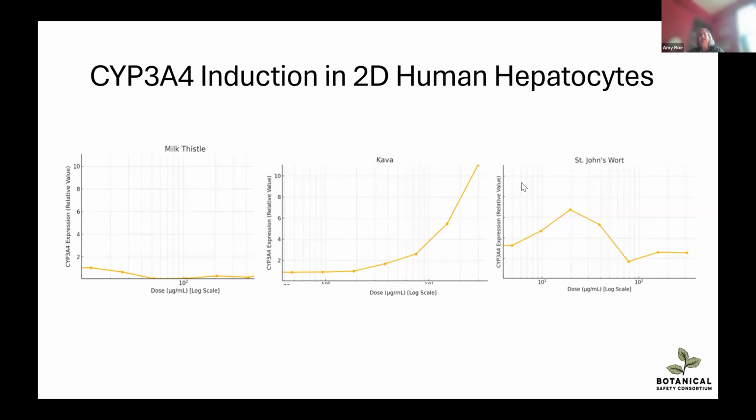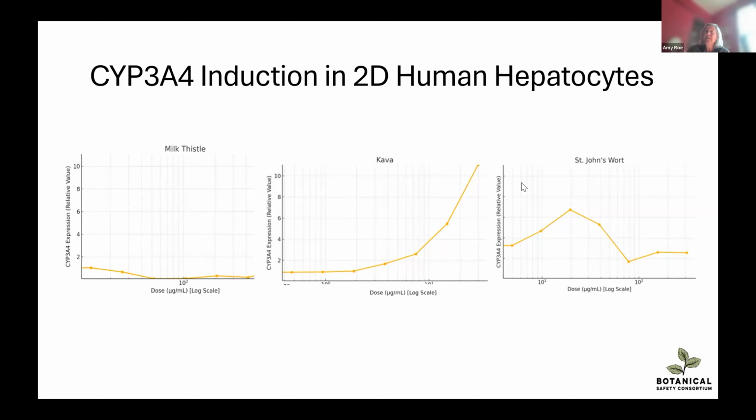And so with induction, we did not see any induction across the dose range that we tested with milk thistle. That is not unexpected. We thought it would be an appropriate negative control.